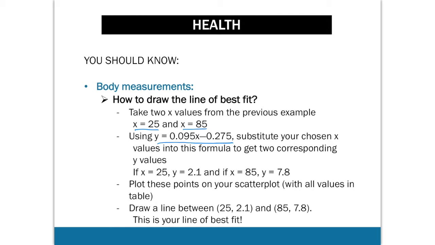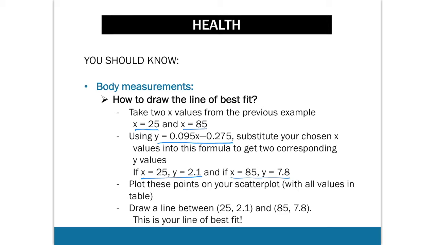See that I've chosen two x values that are pretty far from each other, not close together, so it helps me draw the line. You substitute your x values into this formula to get two corresponding y values. So when x equals 25, y equals 2.1, and when x equals 85, y equals 7.8.